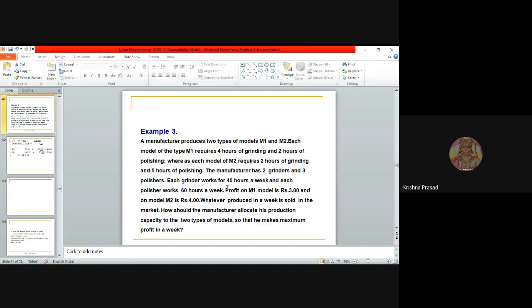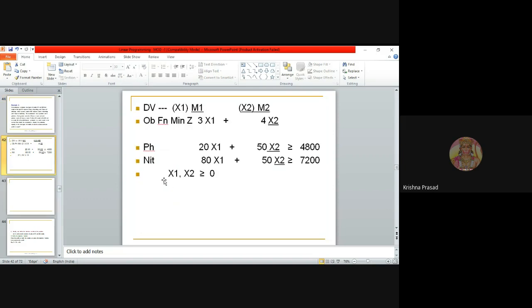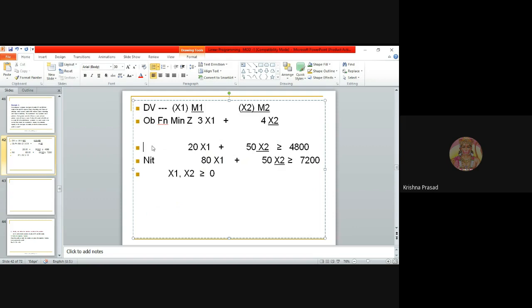Now what are the constraints which you are having? Here in these constraints, M1 requires 4 hours of grinding, 2 hours of polishing. Grinding and polishing. Now how much? 4 hours of grinding and 2 hours of polishing.